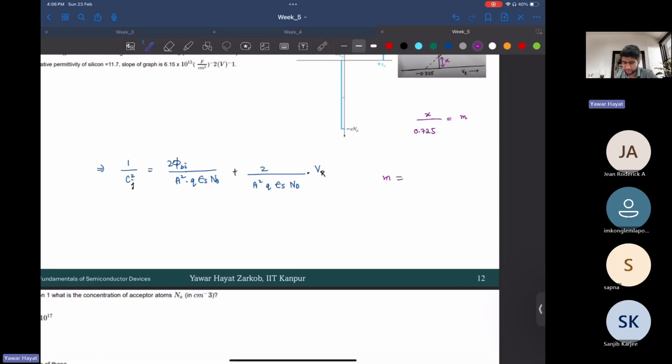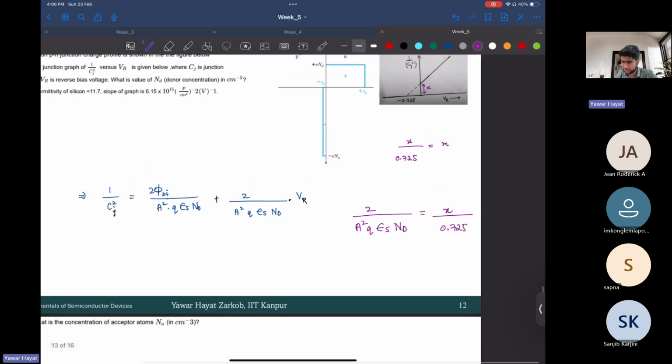So your slope value, which is 2 by a square q epsilon s Nd, is equal to x whole divided by 0.725.